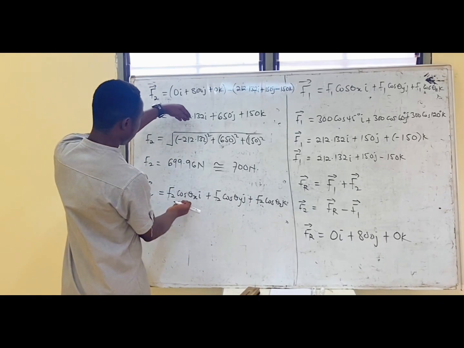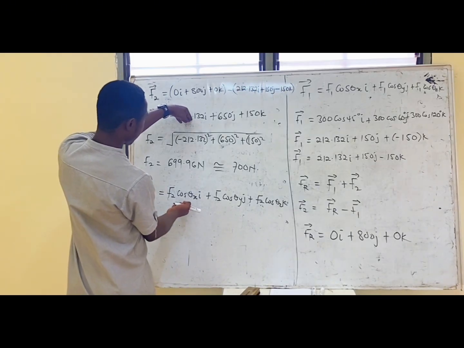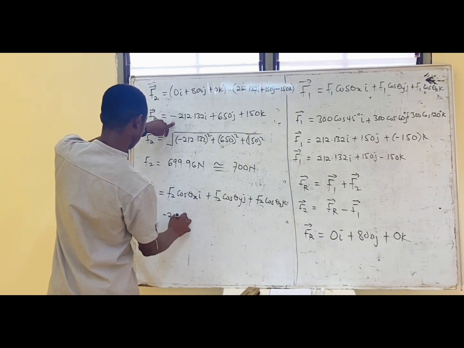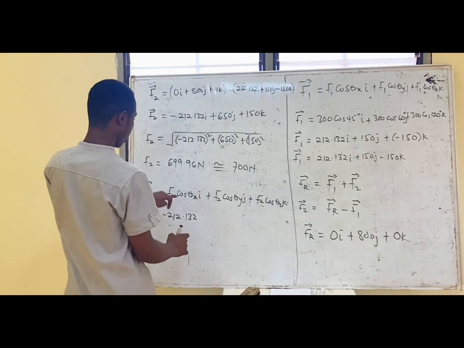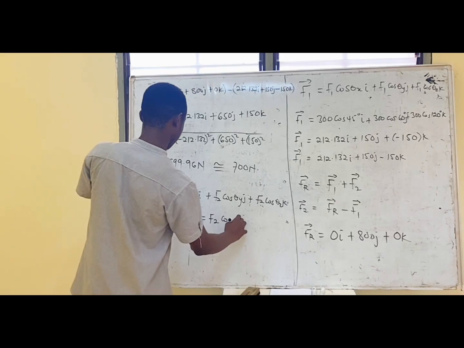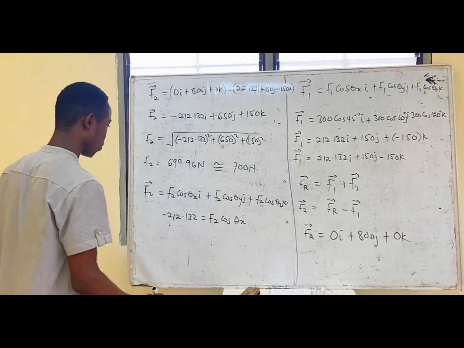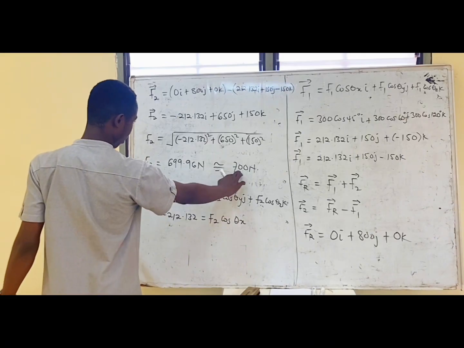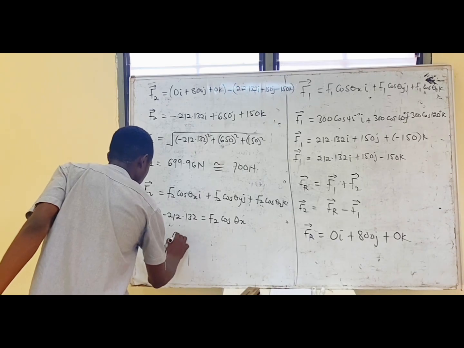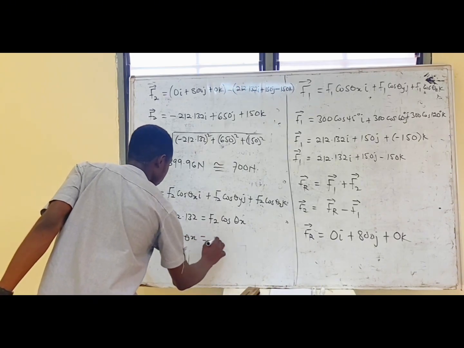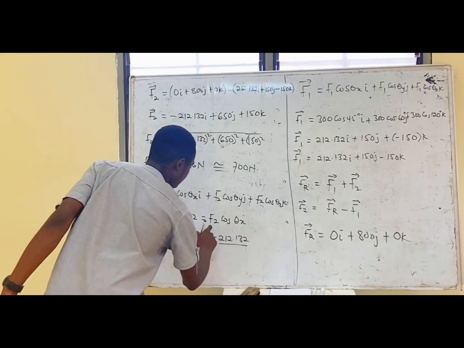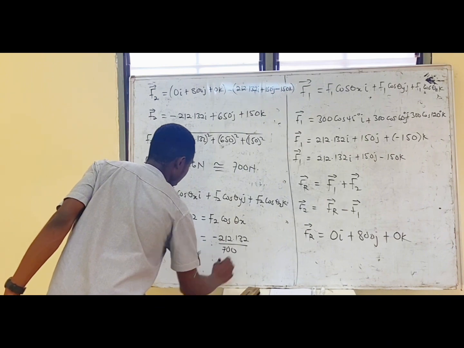Very good. So this F2 bar, we are going to compare the coefficients. Over here we have the coefficient for the i to be negative 212.132. So equating that to this, we will get F2 cos theta x. But already we know our F2 to be what? 700 Newton. So we put the F2 here. Now we'll get cos theta x equal to negative 212.132 divided by our F2, which is 700.